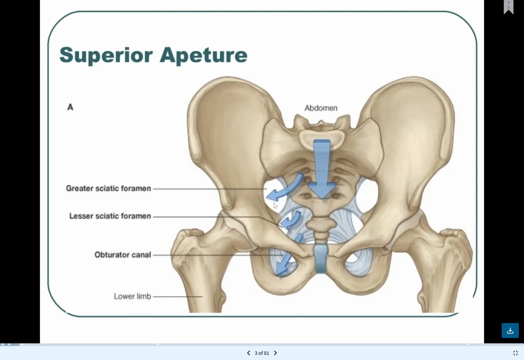Then we realize that this pelvic cavity creates an inlet. This is the superior aperture, which is known as the superior inlet, which is demarcated by the bones of the sacral vertebrae, the left and the right coccyx, and then the pubic symphysis joining the pubic bones.